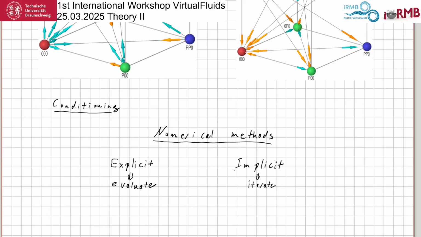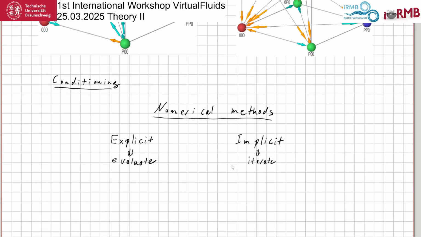If you iterate until you get to a result, that means that you are assuming that what comes in has an error, and you don't actually care where the error comes from. So for example, if the error comes from round-off errors, then these round-off errors are also removed by iteration.